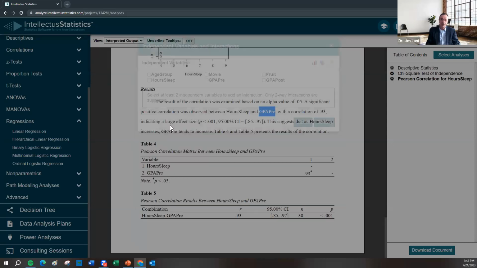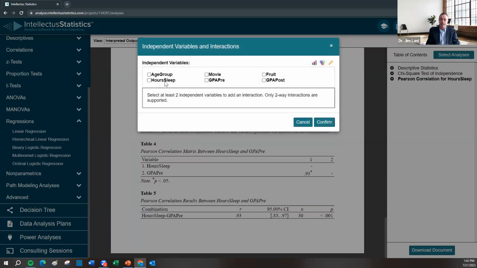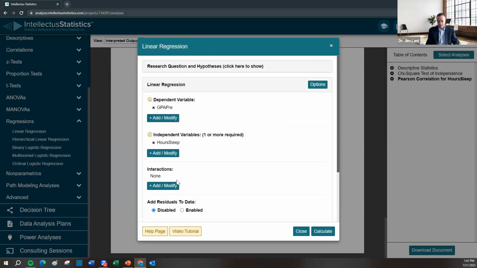And I want to do that by seeing if hours slept, or average hours slept, predicts that. So this research question, or this aim, is saying, does sleep predict or impact GPA? We put in our variables and hit calculate.